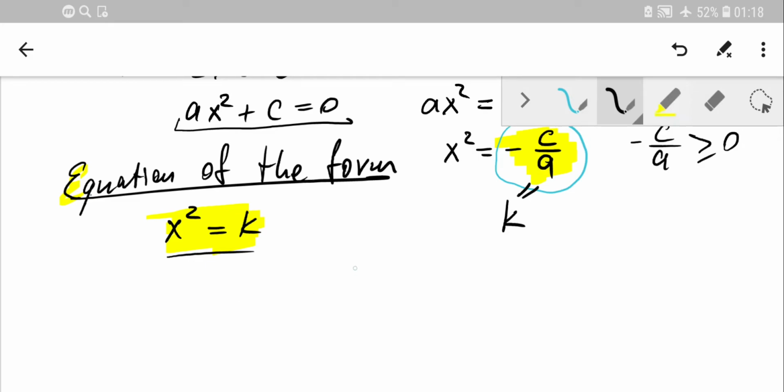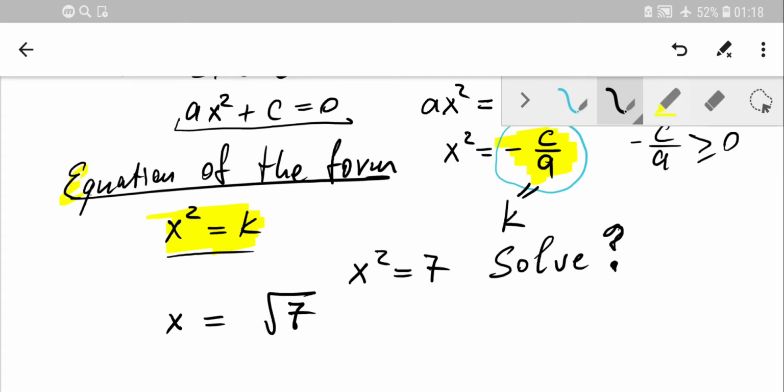So simply, you might have x squared equals 7. How to solve that? You just need to take the square root of 7. Why? Because you can apply the square root to both sides. And when you take the square root of x squared, let's consider how it works.